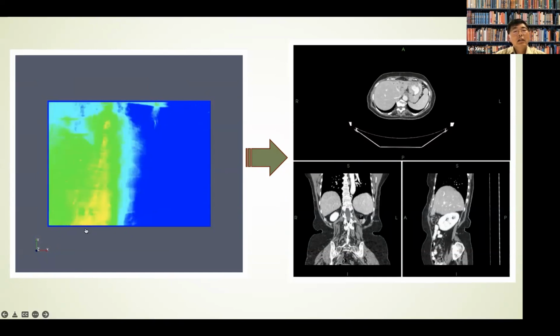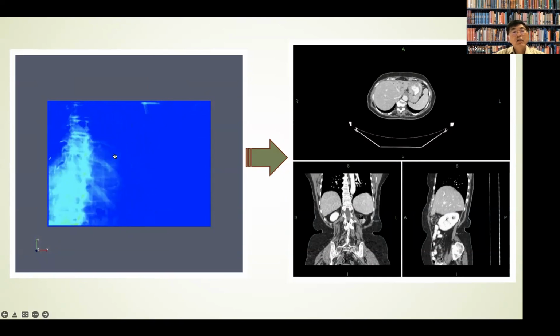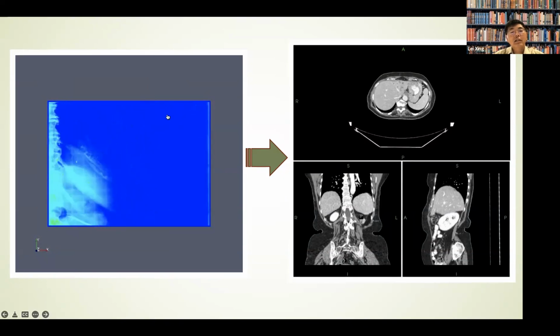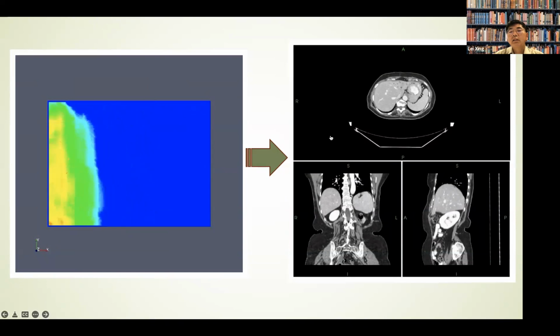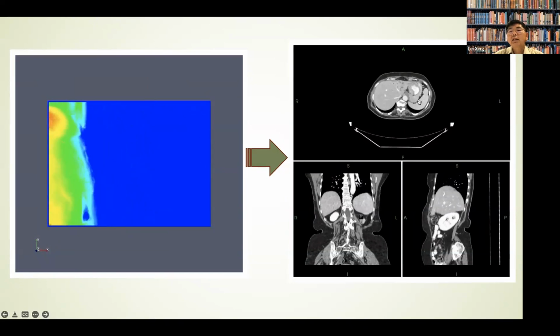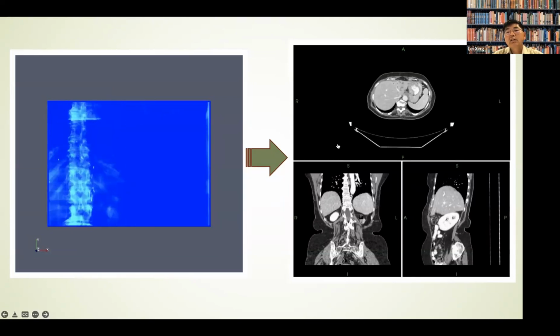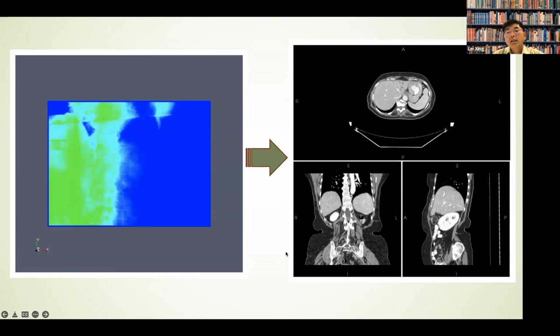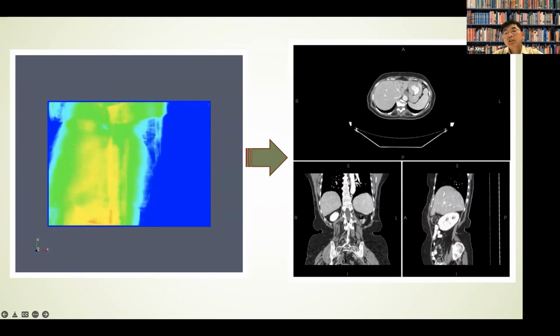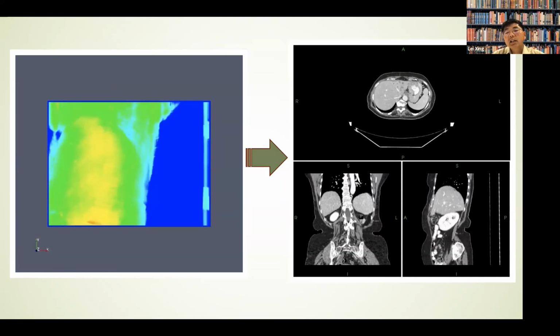After this, you convert this measurement data into an image. In this case, this is what we call the 4D CT, so it's a 3D space plus 1D time. You can see the patient's breathing process, etc. The image is quite nice.